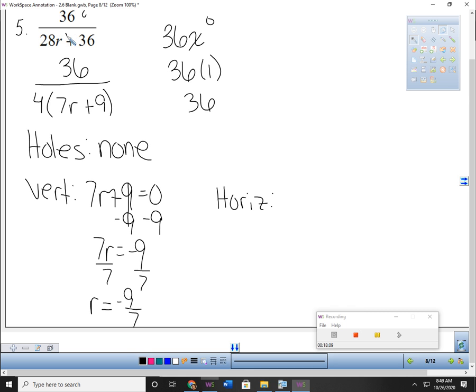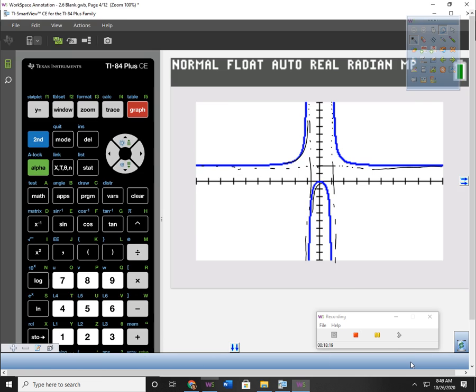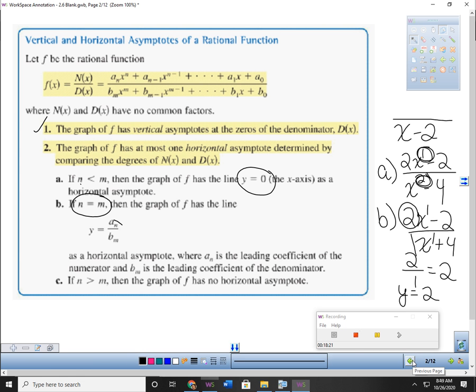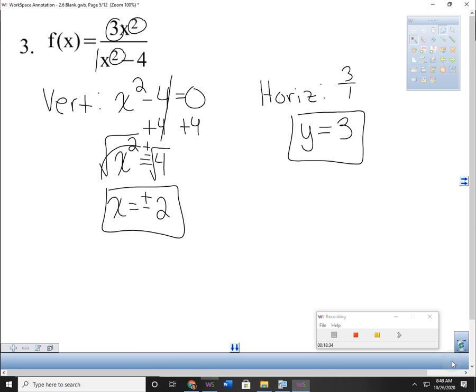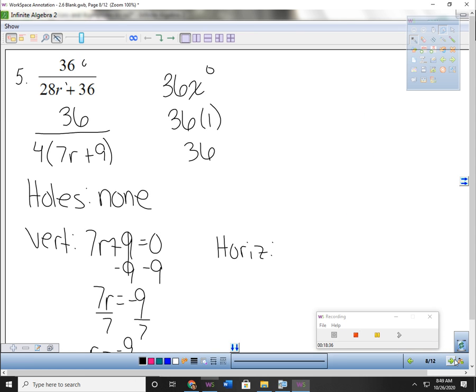So when the top is smaller than the bottom, what does that mean? It's on that very second page. Yeah, when the top is smaller than the bottom, then it is y equals 0. So y equals 0.